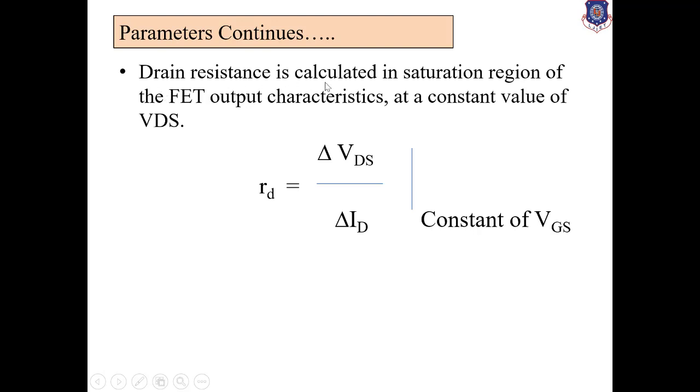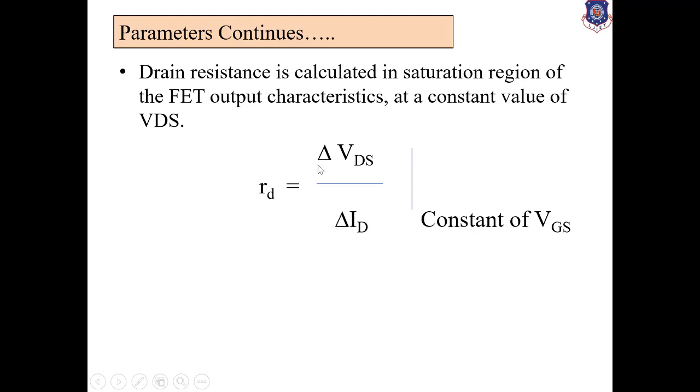Okay, drain resistance can be defined by the formula RD equal to, as I have discussed earlier, V by I. Which V by I? In the FET output characteristic, the axes are VDS versus ID. So V by I is VDS by ID.